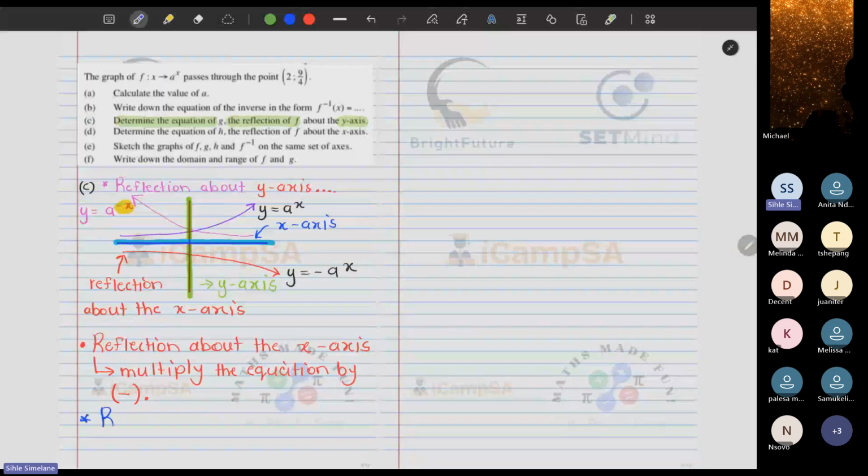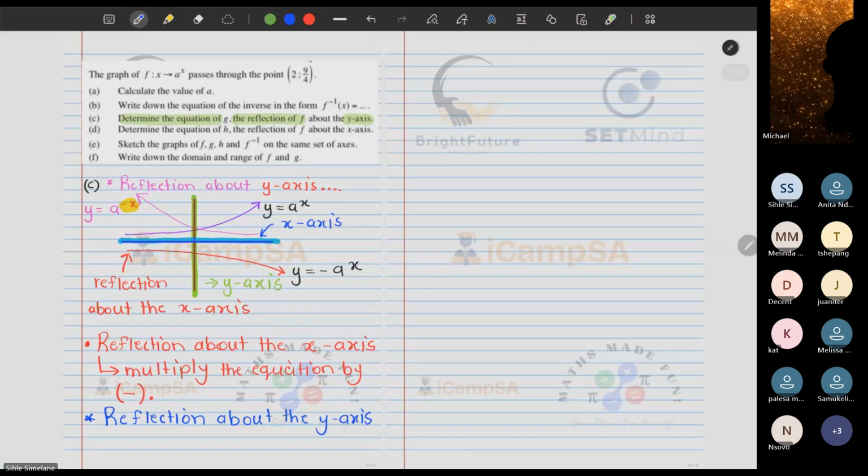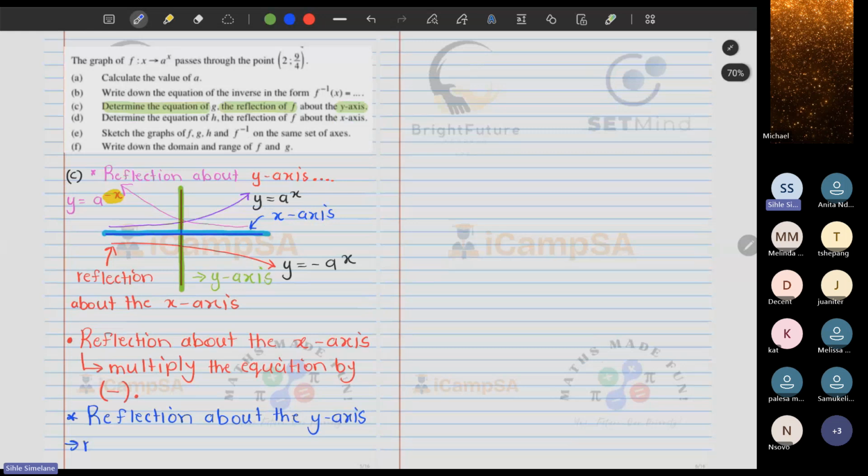So what do I mean? When we do reflection about the y-axis, let's make some space. When we do reflection about the y-axis, what we do is we multiply x by negative.